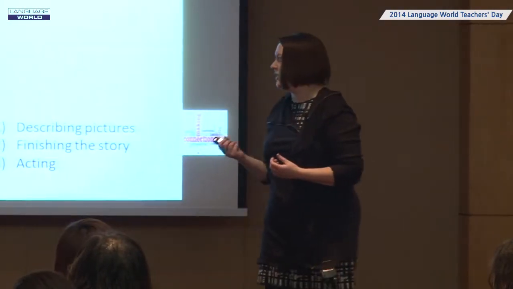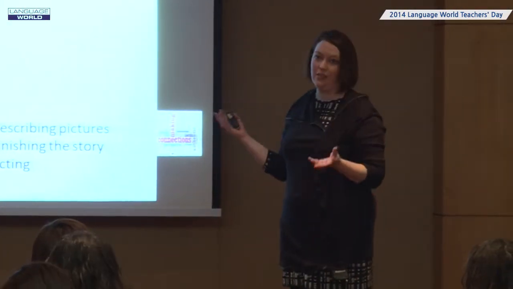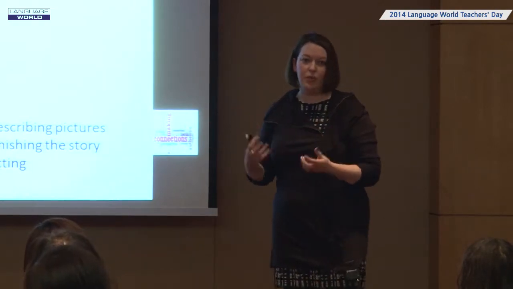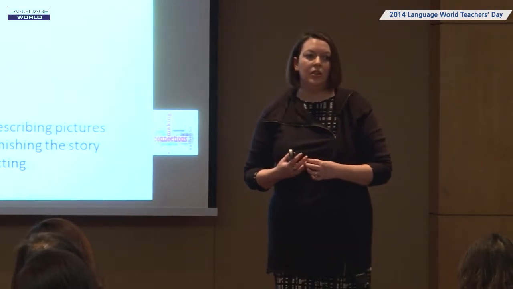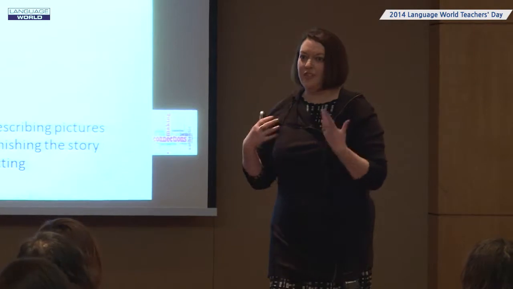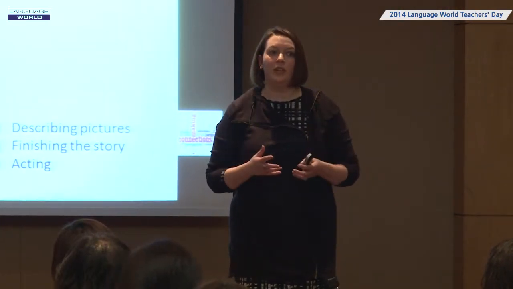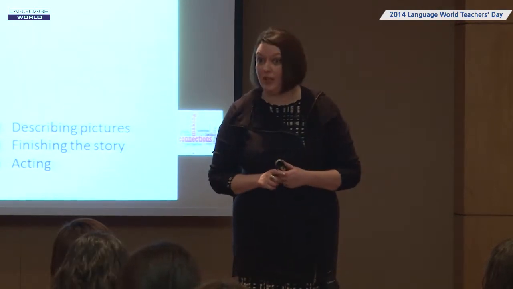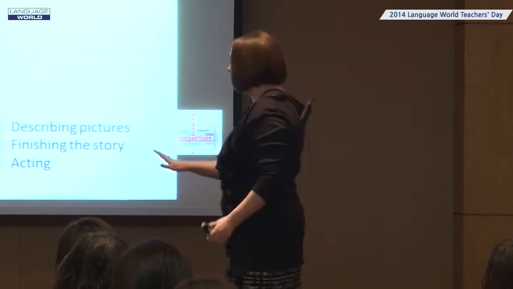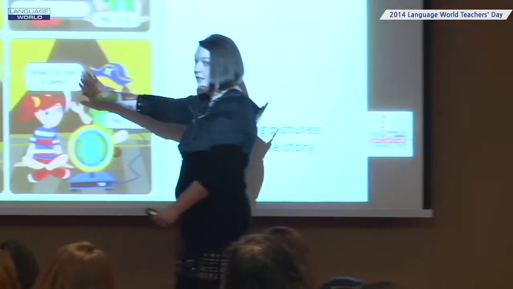What you can do with this is obviously read it through. It's reviewing all the key language. You can act it out. Those are the basic activities, right? You can also have students work in groups to make their own story. They don't even have to read this.